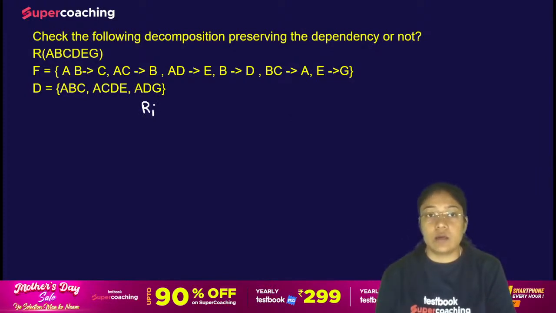Relation R is having the attributes A, B, C, D, E, and G, decomposed into the subrelations.